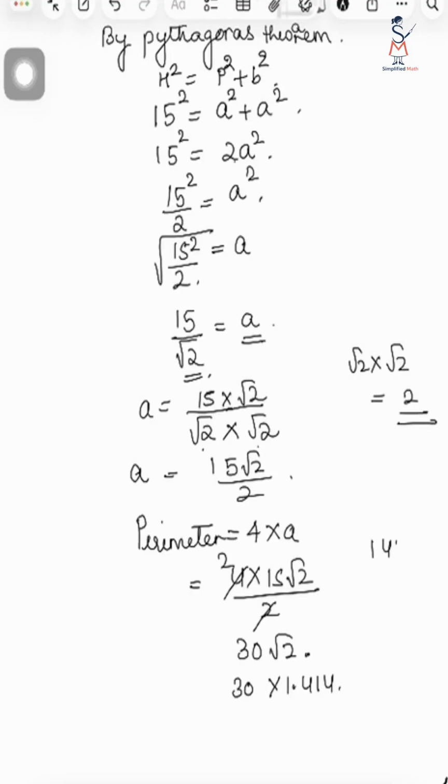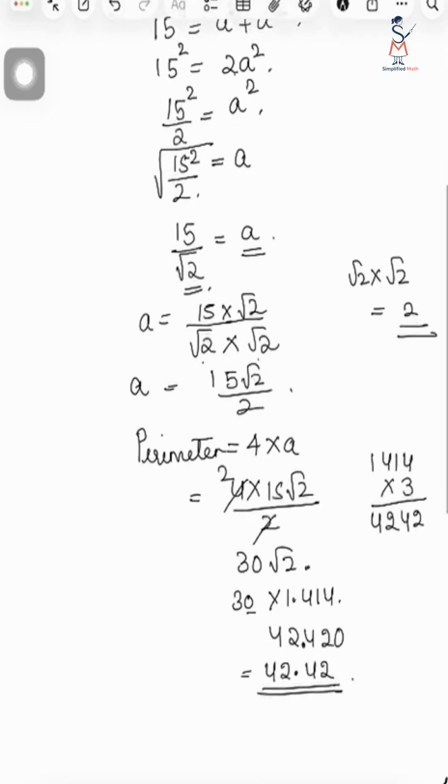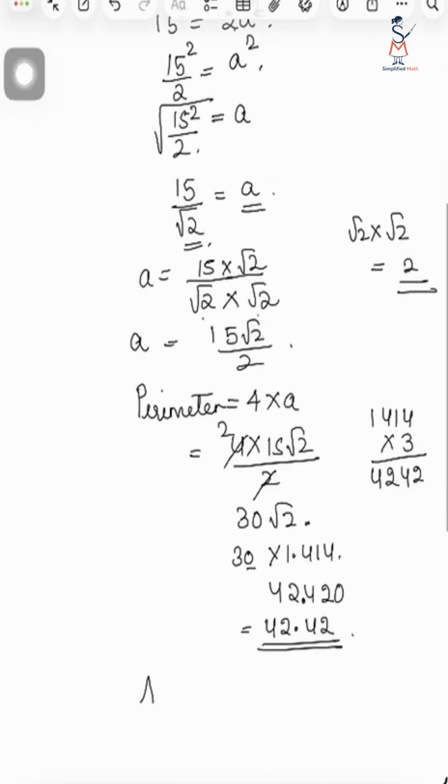Okay, first we'll multiply 3 by 1.414: 4 3s are 12, 4 2 4 2, and with this 0, how many places decimal? 3 places. So this will come to 42.42 approximately, right?